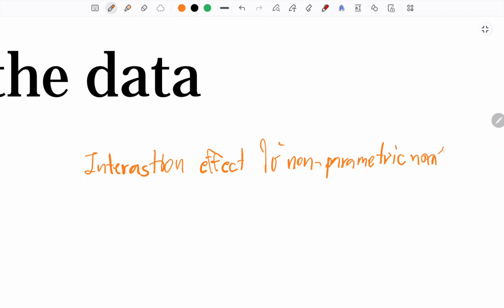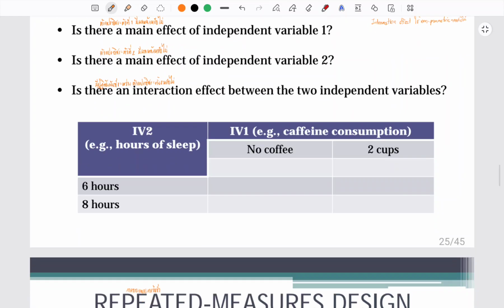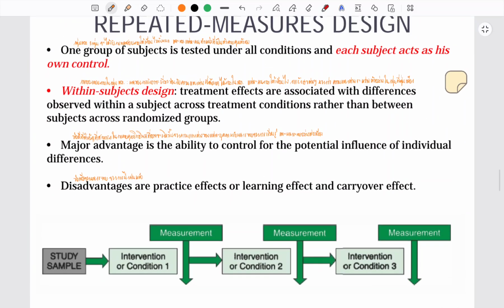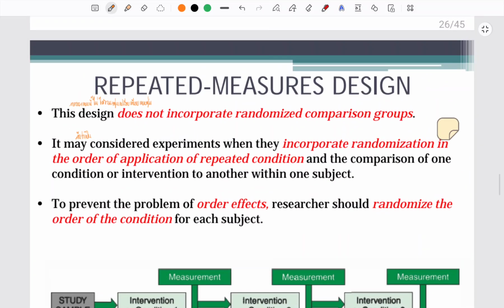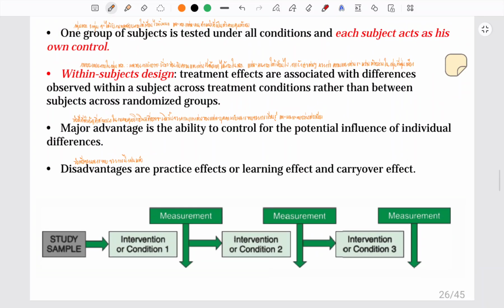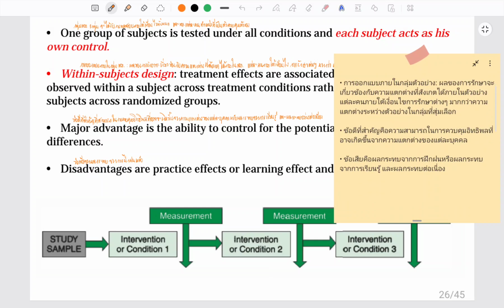The next design we call the repeated measures design. For this design, the researcher will recruit only one group of subjects, and this group will undergo two or more interventions. So recruit one subject, who receives intervention 1 and is measured, receives intervention 2 and is measured, and receives intervention 3 and is measured.